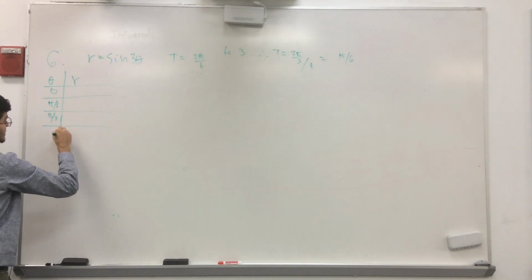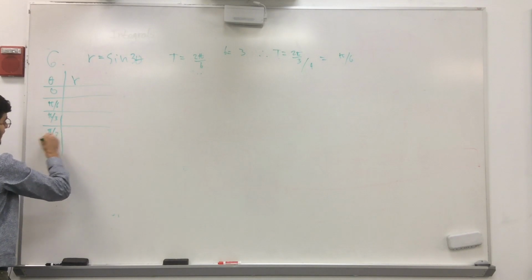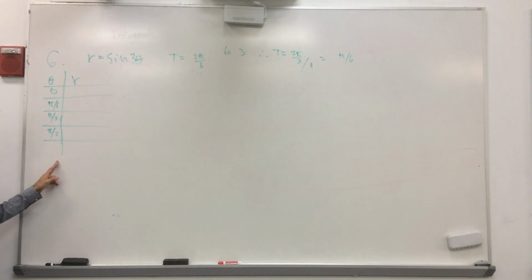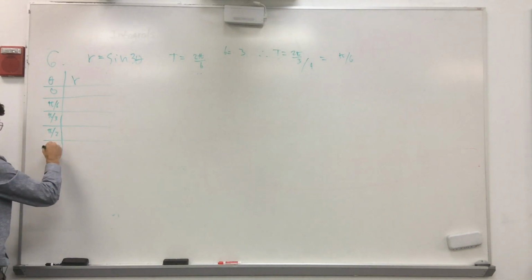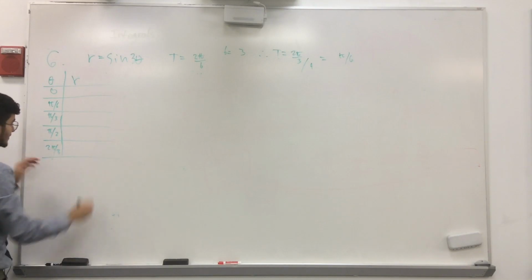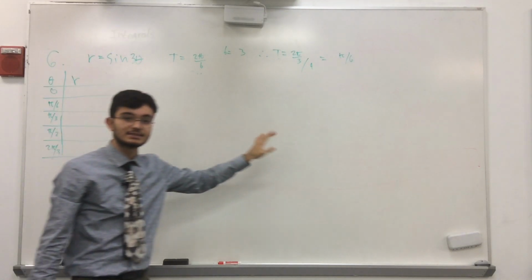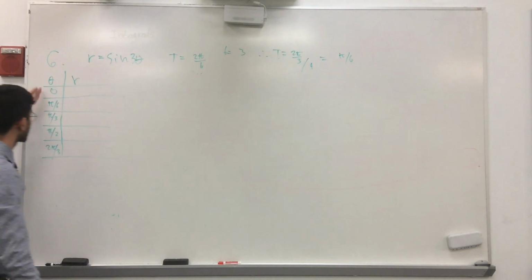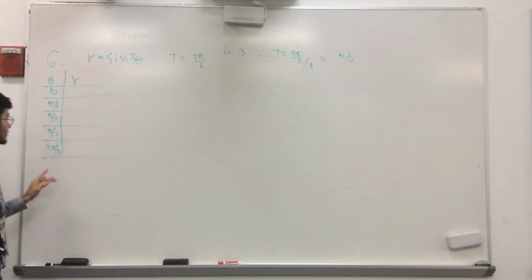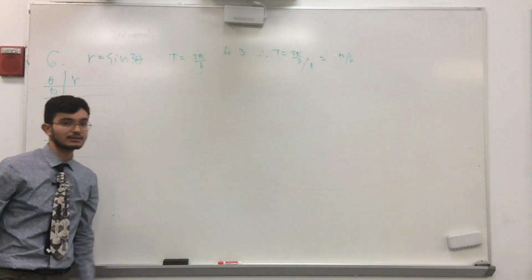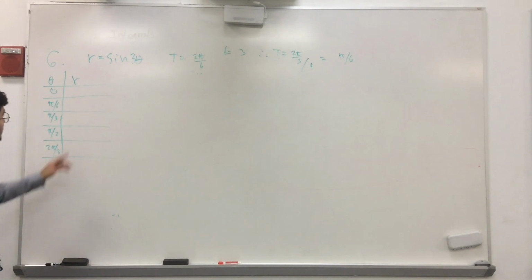Then 3π over 6 is π over 2, and 4π over 6 is 2π over 3. This is where we stop, because this is the interval of one period of the function sin 3θ.